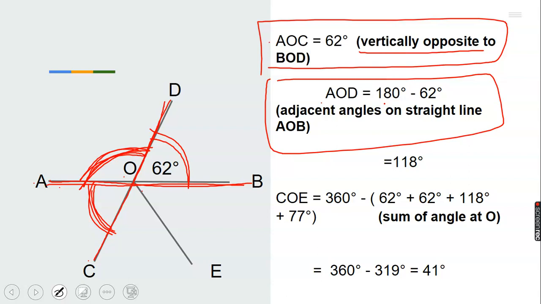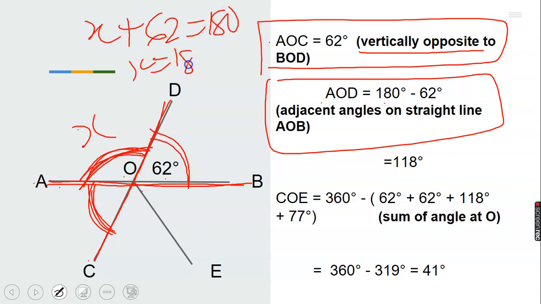Let me put X here. If I add X plus 62 equals 180, now X equals 180 minus 62. That is why we have it as 118 degrees.